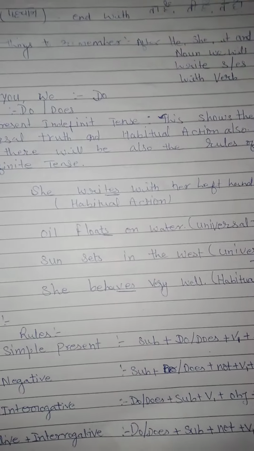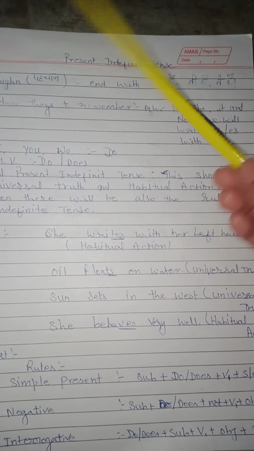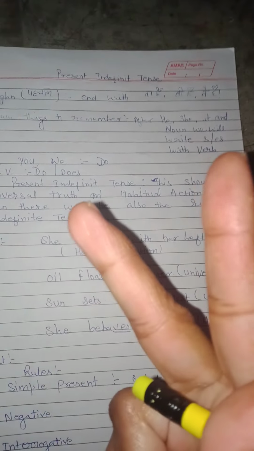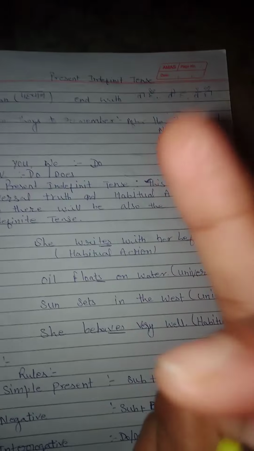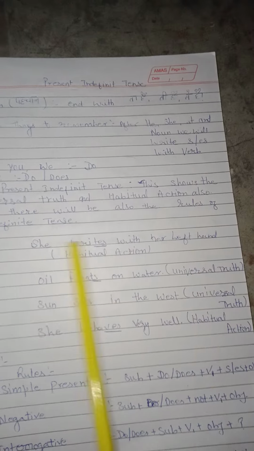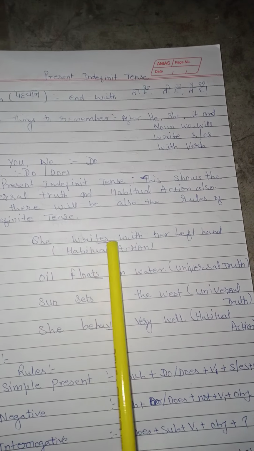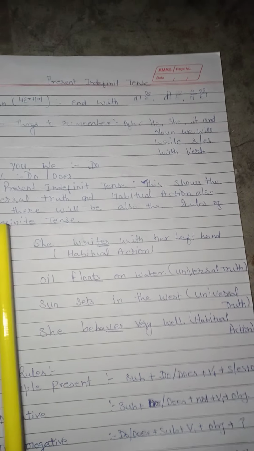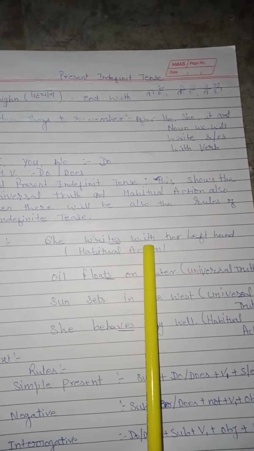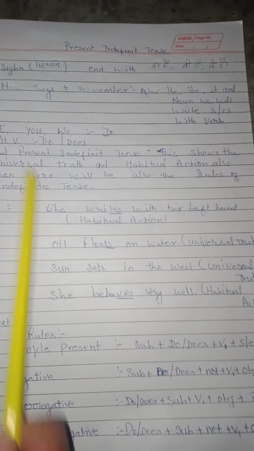I told you first, when I was explaining, about the habitual action and the universal truth. This one sentence is a habitual action. So you can write like this: she writes with her left hand, because this is her habit from the beginning.